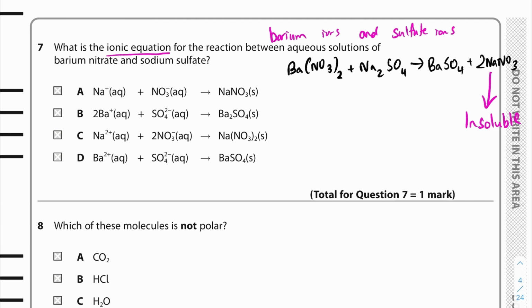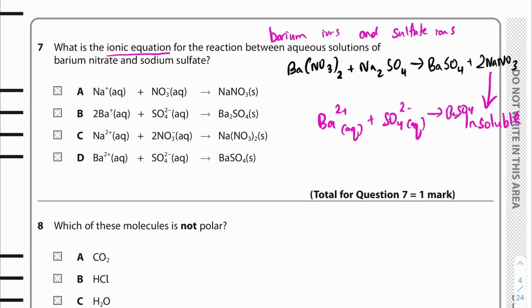So we should have Ba2+ aqueous and SO4 2- sulfate ion aqueous to give us BaSO4.